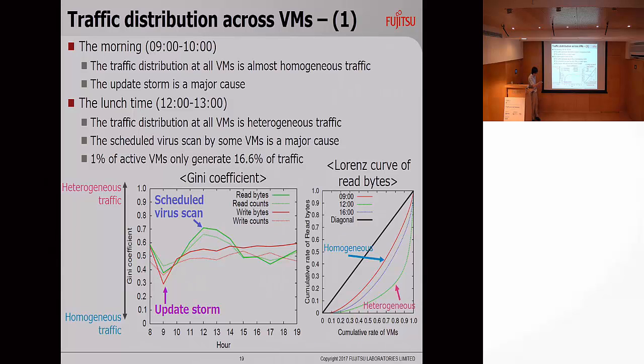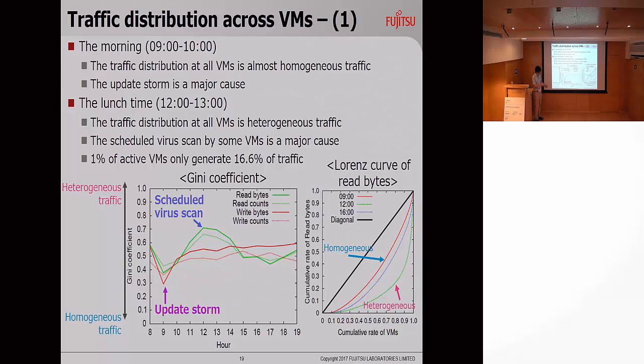Oppositely, please look at the lunch time. At lunch time, the read bytes have the largest Gini coefficient, and this means that traffic distribution is heterogeneous. The major cause of the heterogeneity is scheduled virus scans by some VMs.